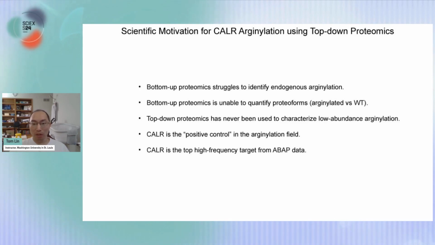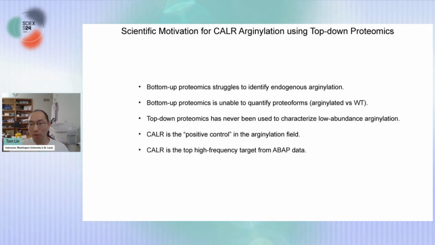Besides its biological importance, we also have other scientific motivations for characterizing calreticulin arginylation using top-down proteomics. First, bottom-up proteomics always struggles to identify endogenous arginylation.